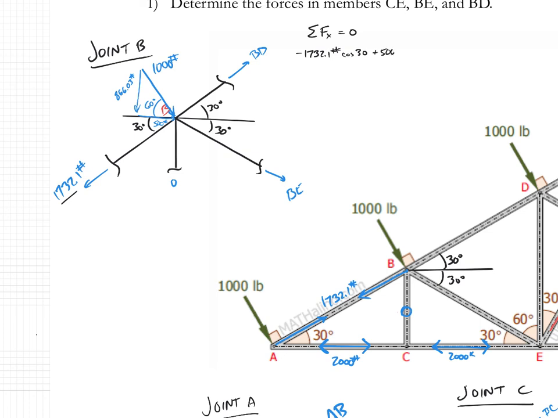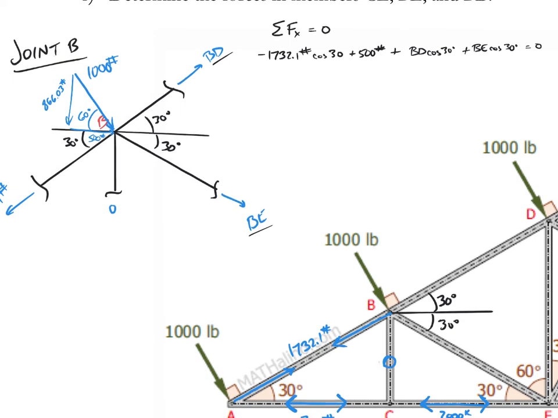So I'll say plus 500 pounds, plus BD times the cosine of 30 degrees, plus BE times the cosine of 30 degrees equals 0. If we rearrange that, we get BD plus BE equals 1154.7 pounds. Sweet.